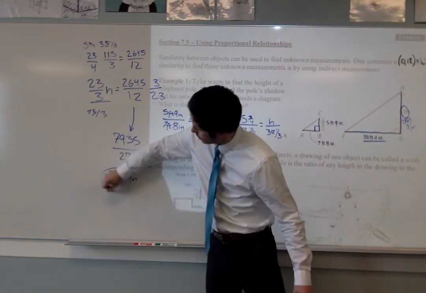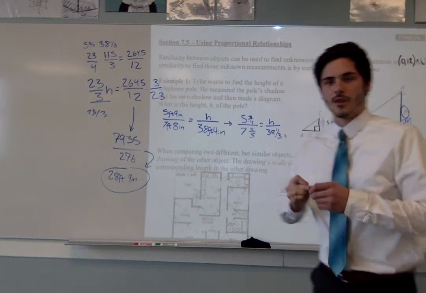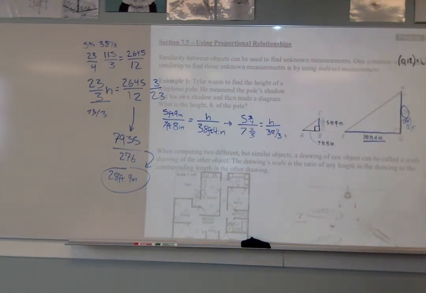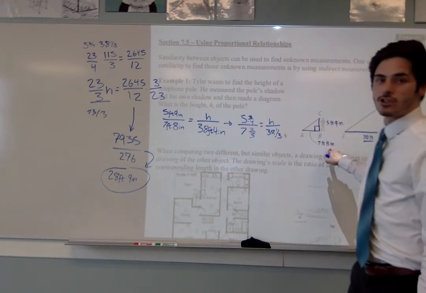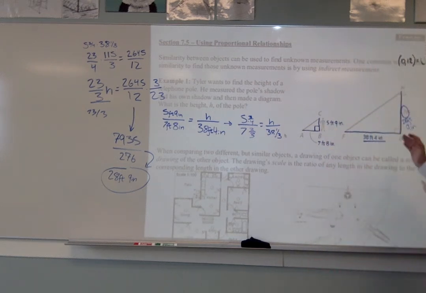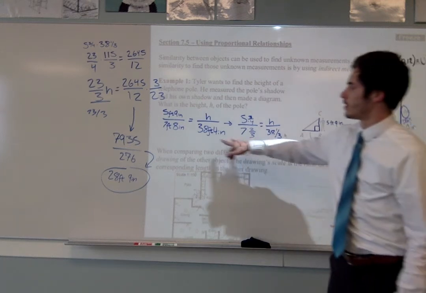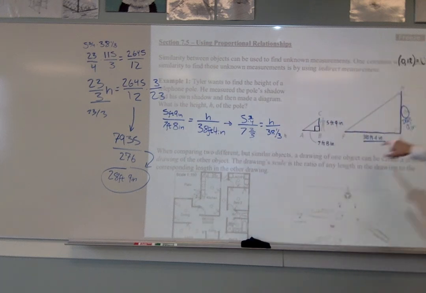It's also right here. But what this means is that since we know that Tyler, who's 5 foot 9, casts a 7 foot 8 inch shadow, the telephone pole, in order to cast a 38 foot 4 inch shadow, like we have set up here, would have to be 28 feet and 9 inches long.